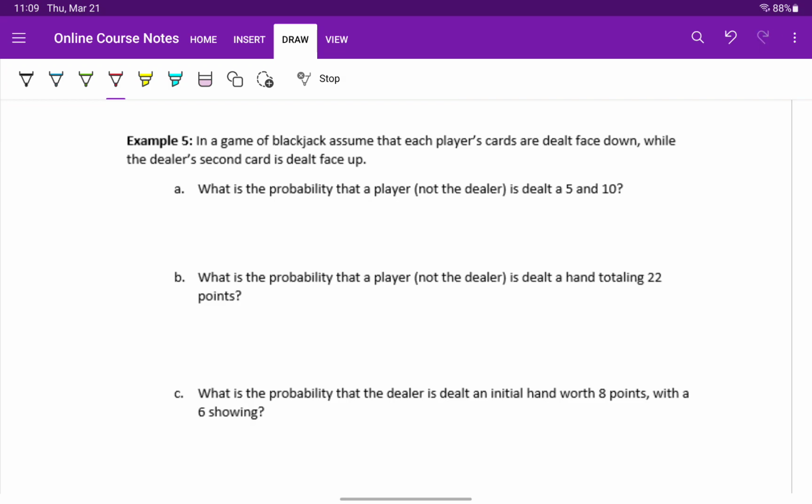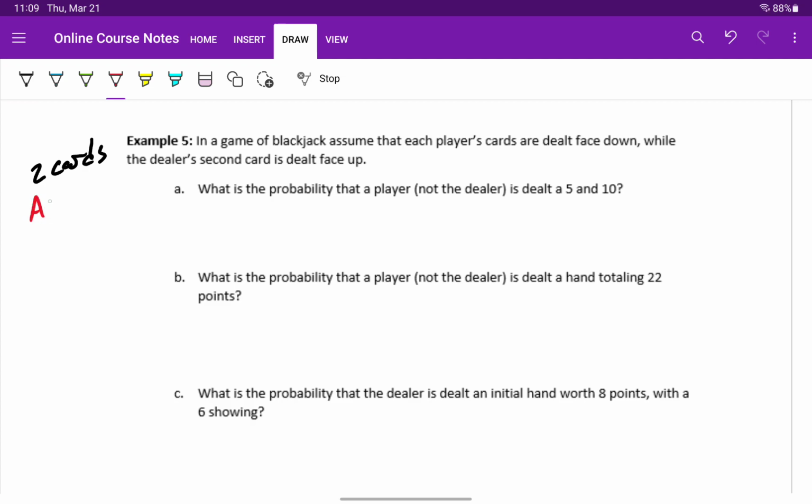In example 5, we're talking about a game of blackjack, which has different rules, but we're going to deal with a case where players' cards are dealt face down, while the dealer is dealt his first card face down and second card face up. So everyone gets 2 cards. We have the specifics about how those cards are dealt. And then we have some specific values for some cards.